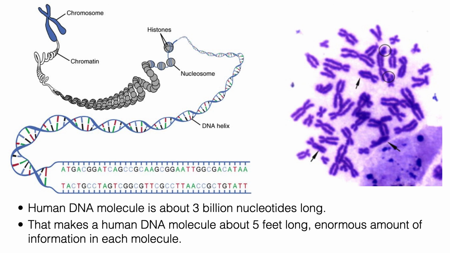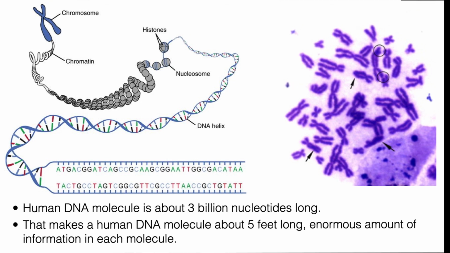And so that involves a lot of twisting and tightening of the double helix, and you can see as you move on the left hand diagram, as you move from the bottom to the top, it's getting wound tighter and tighter and tighter, so it's really highly coiled by the end, and that's what makes a chromosome. And you can see on the right hand side a photomicrograph where the chromosomes have been stained so that they stand out, and you can kind of get a feel for that tightly coiled structure.